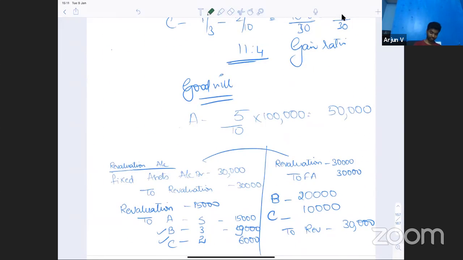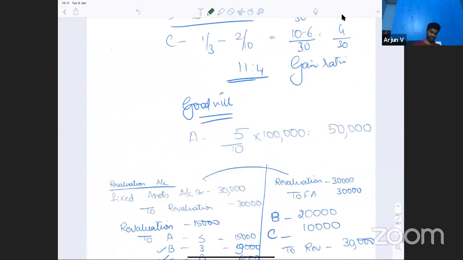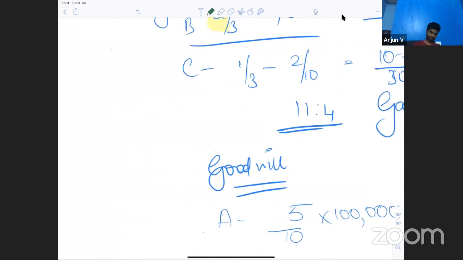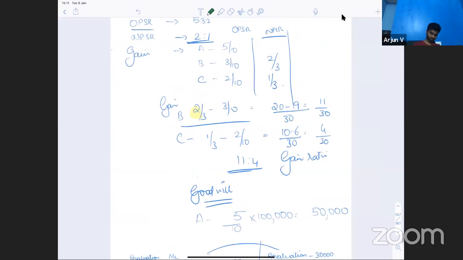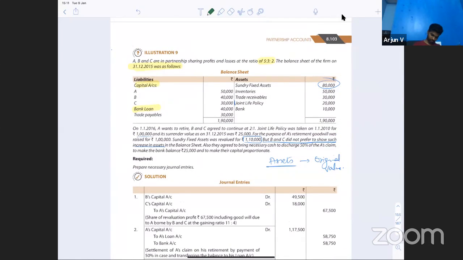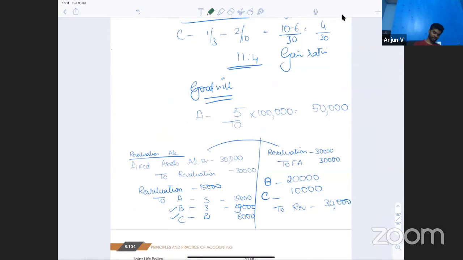I erased the first journal entry on the goodwill. The first journal entry was for goodwill. Okay, the first journal entry is for division of goodwill, Girija.